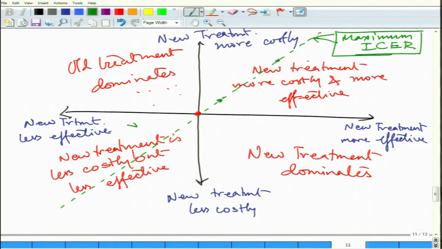Similarly, over here, say a point over here, what is happening? The new treatment is less effective, even if the cost is low. So shall I go to that extent that I understand the cost is low, but I go for lesser effectiveness? I understand that homeopathy is less effective, but I will go with that because the cost is low, because I can't afford. But how far? That can be a part of my rational decision making, but after a certain while, nobody wants to compromise on their health.